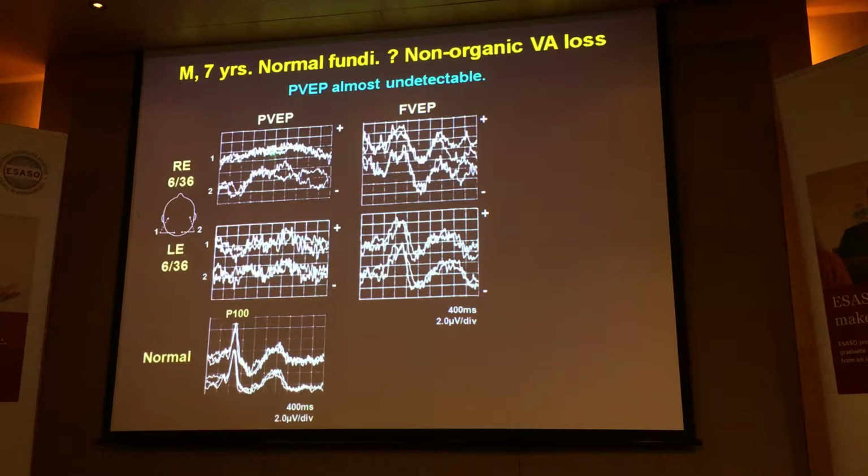And we'd done the VEPs, which were virtually undetectable to a pattern, and with flash, they were present but okay. So you then say, oh, wait a minute, this is a child who's got behavioural problems. How do we know that the child is looking at the screen? We've already seen that you can get abnormal VEPs as a consequence of poor compliance.